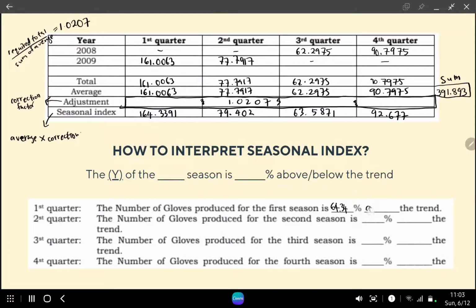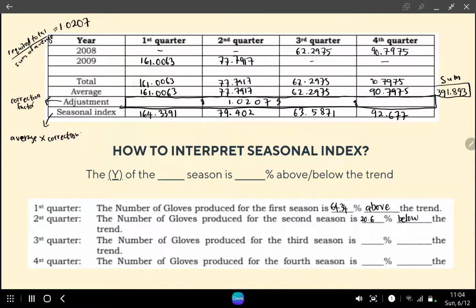Above the trend. And then for the second quarter, the number of gloves produced in the second season, our seasonal index is 79.402. We subtract it from 100, so here we have 20.6% below the trend.